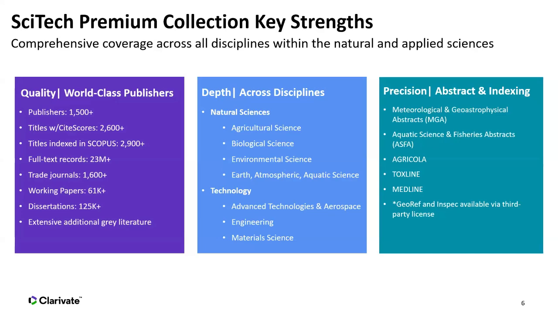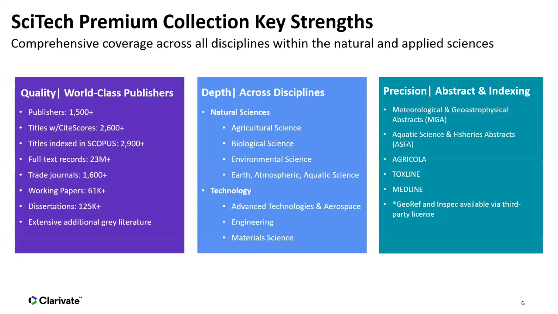through the process. There is comprehensive coverage across scientific disciplines within the natural and applied sciences, covering subjects such as agricultural, biological, environmental, advanced technologies, engineering, and so on. The precise indexing allows the researcher to pinpoint specific subjects.